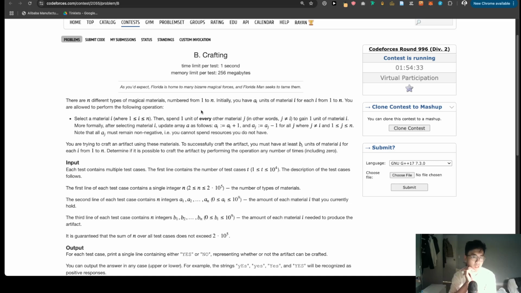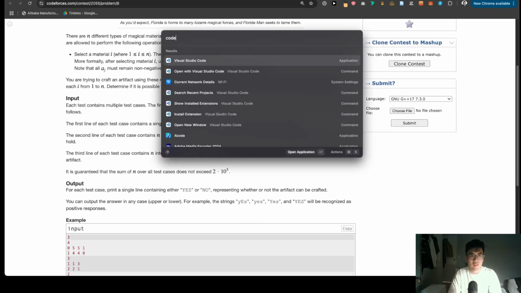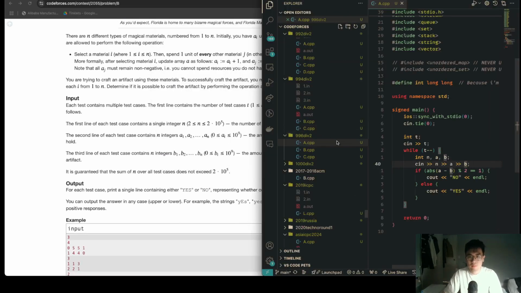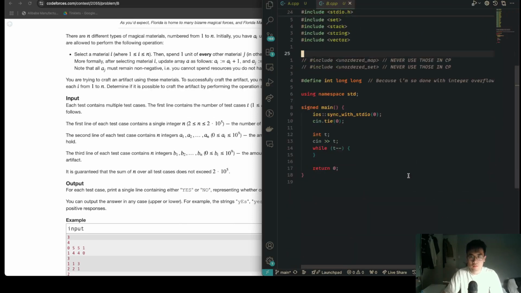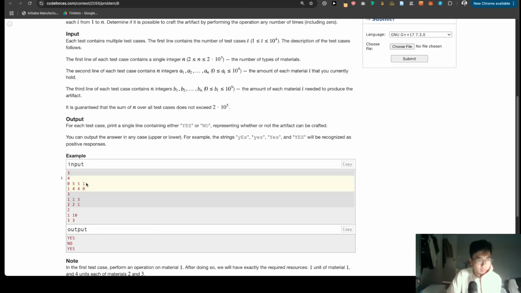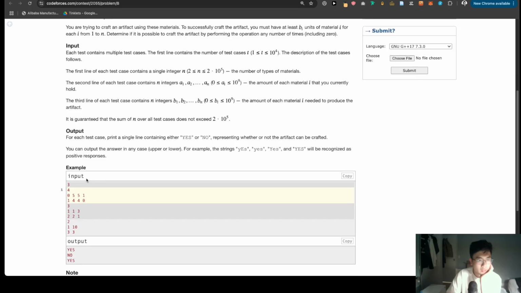Okay, this is not too complicated. So you can iterate, okay, we got it. Okay, phew, we got it. So for this one, for B, what we need to do is, in this example, 0 5 5 1 1 4 4 0.